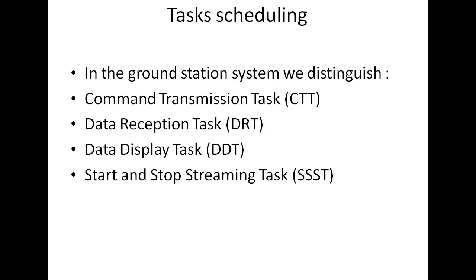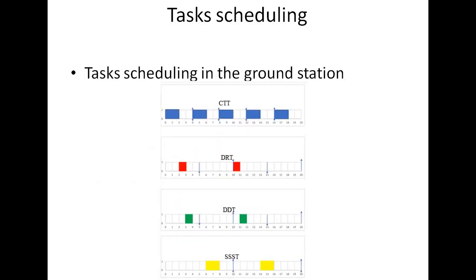For the lowest priority, we have the start and stop streaming task. For the task scheduling in the ground station, it is the same example as presented before. The highest priority task has the lowest period.